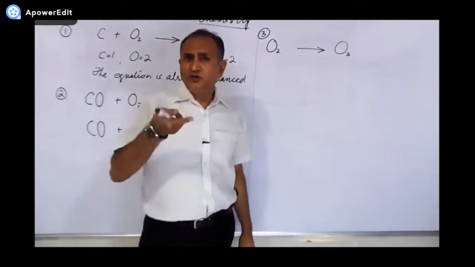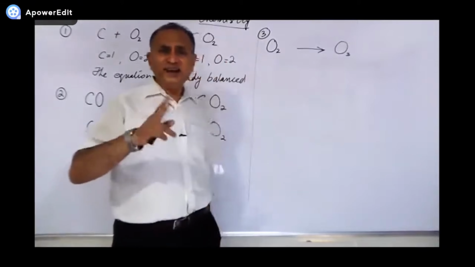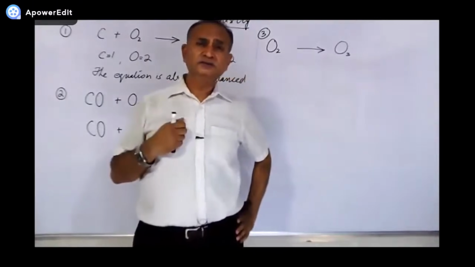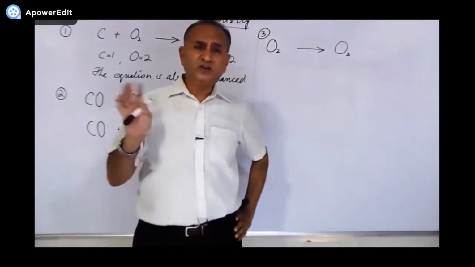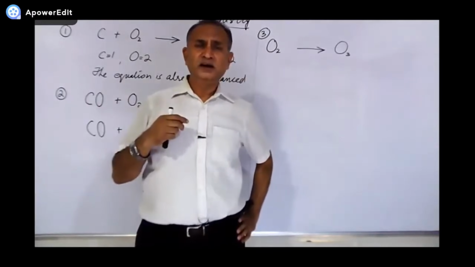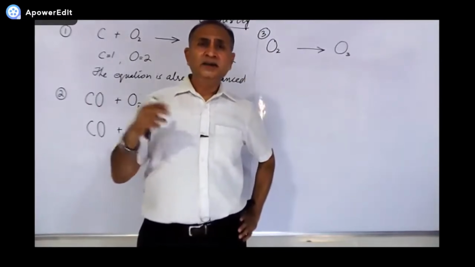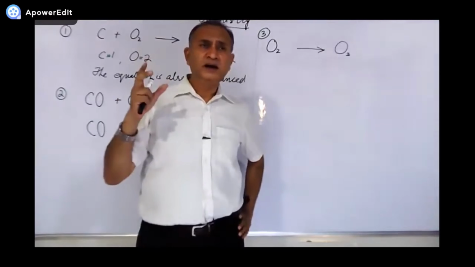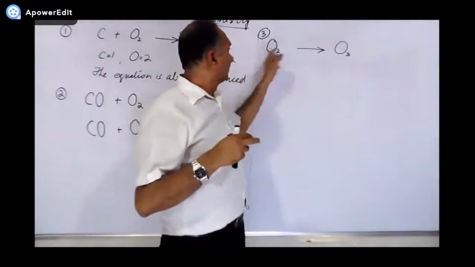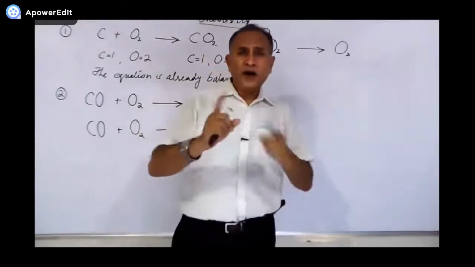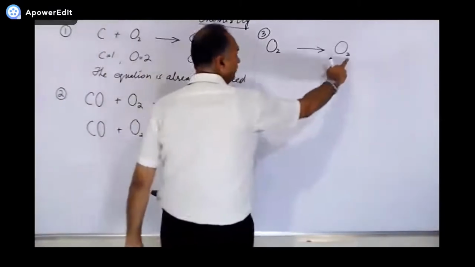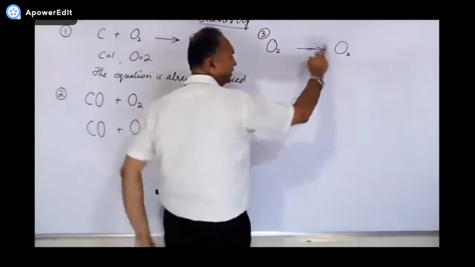If you see 2 consecutive numbers like 4 and 5, like 3 and 4, like 2 and 3, then multiply them by a crisscross method. What does it mean? The 3 would be written over here, 2 would be written over here.